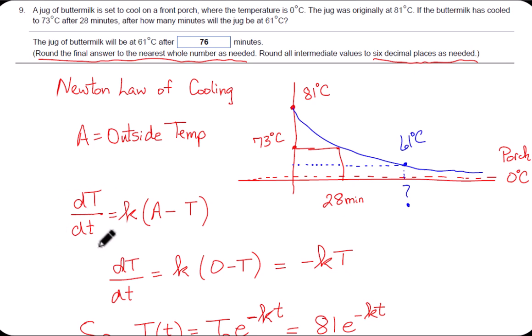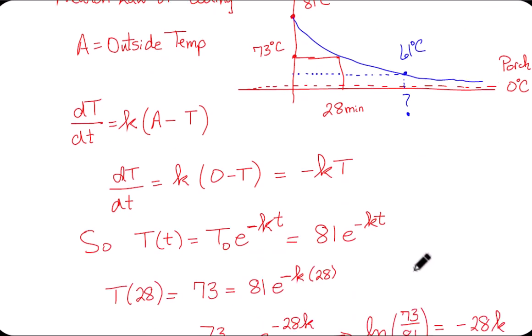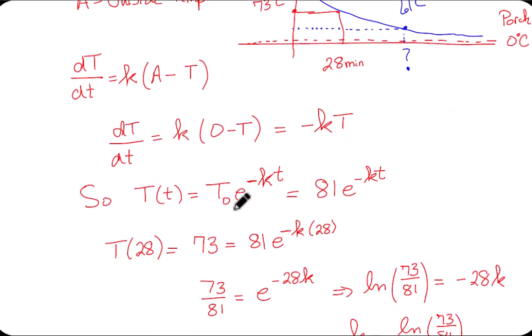So our differential equation for Newton's law of cooling. All right, so here's k. A is 0, the outside temperature. And so we get this simple differential equation, which gives me my decay rate, T0 e to the minus kt.